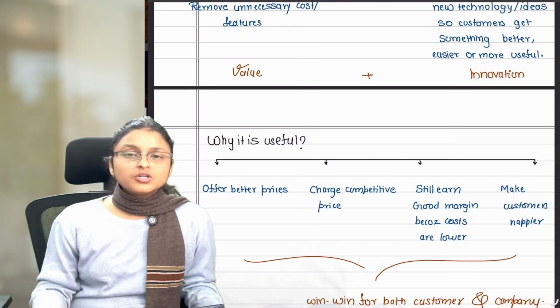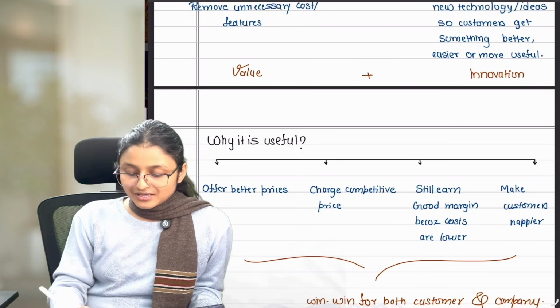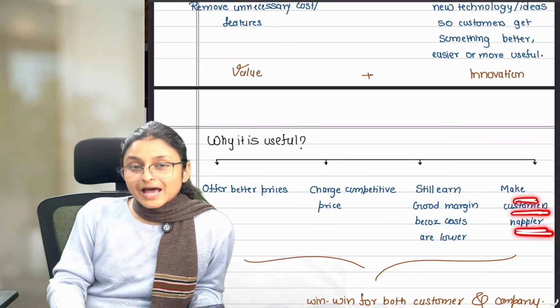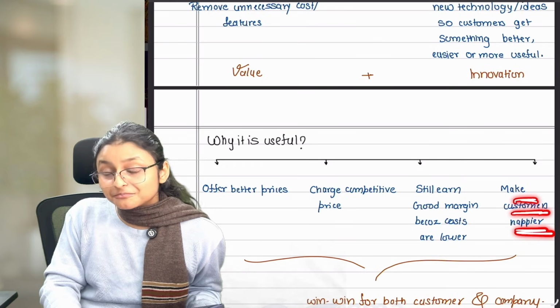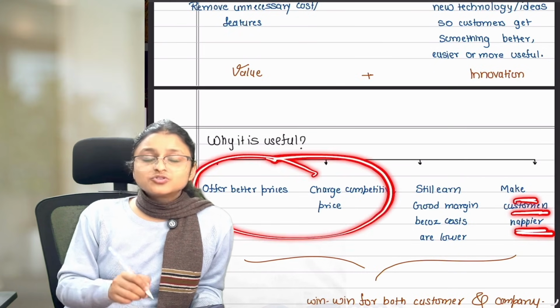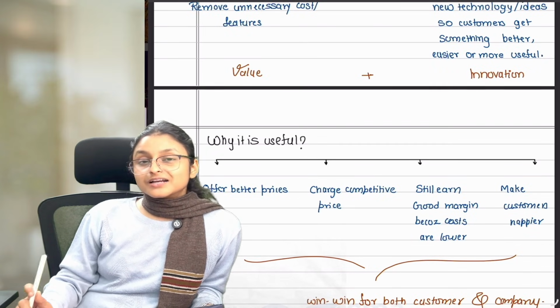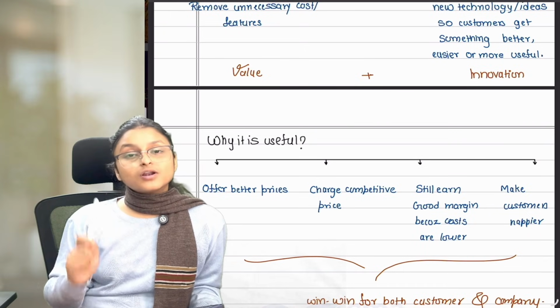Now, why is it useful? Why is value innovation useful? Because you are creating something new. That means you will make customers happier by giving them something completely new which they didn't have till now. You can offer better prices, you can offer competitive prices. Like if I talk about Netflix, when they started OTT, cable TV was already there.